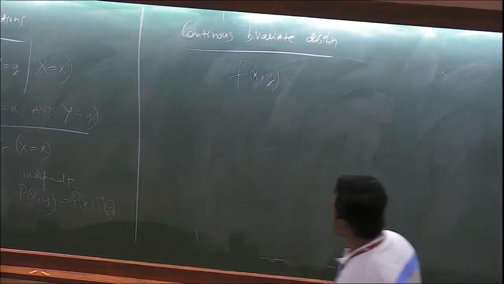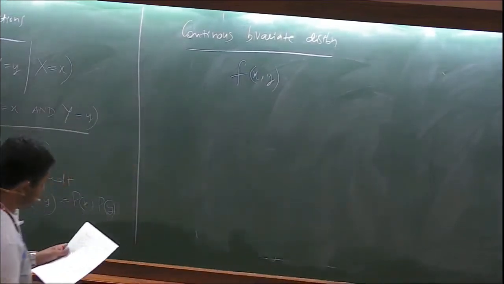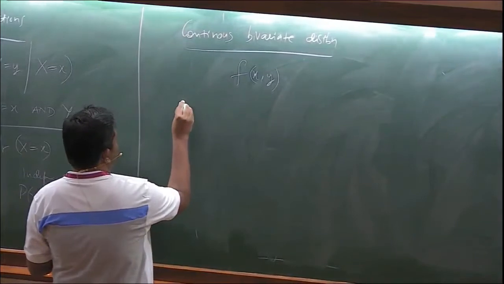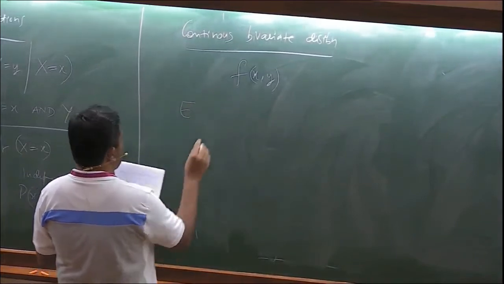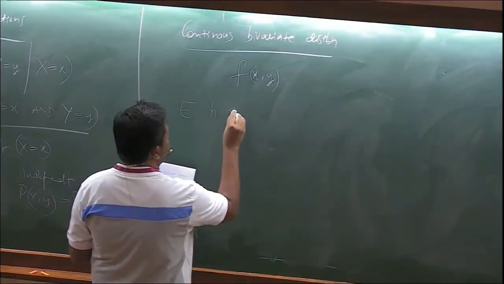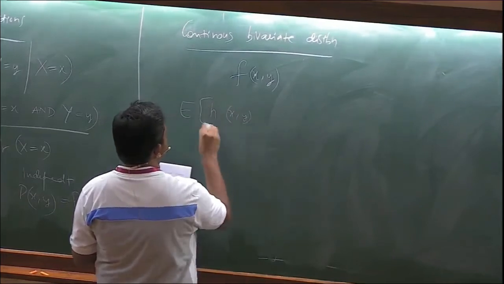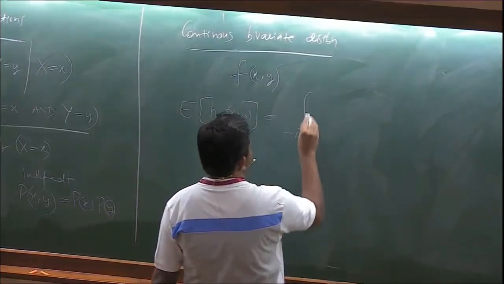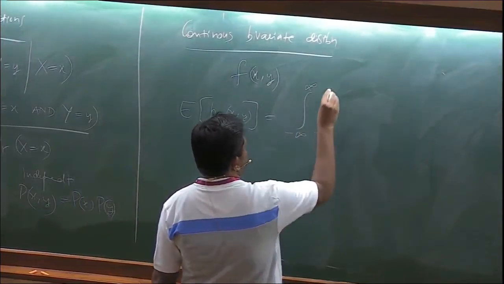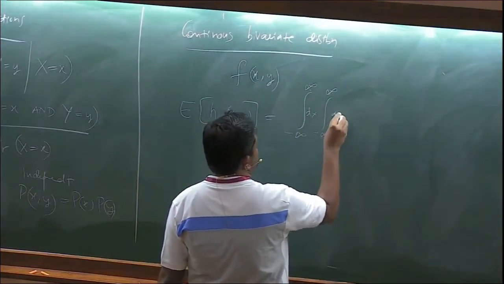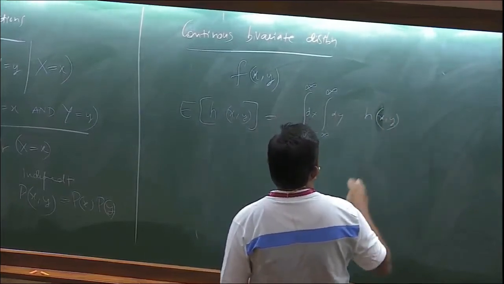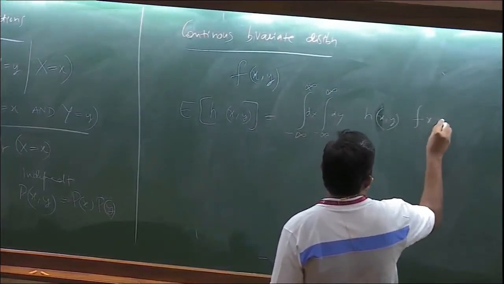For this continuous bivariate distribution, you can also define the expectation values, just like we did earlier. So we could look at the expectation value of a function of both x and y, which is just the integral of dx dy h of xy f of xy.